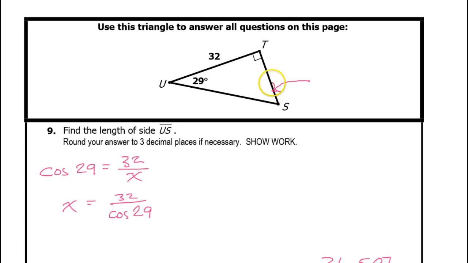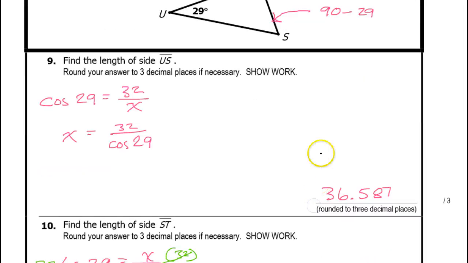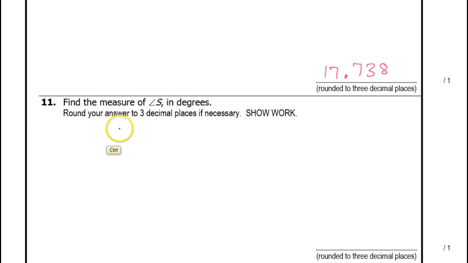So I can find this angle by doing 90 minus the angle that I already have. So 90 minus 29. So that is 61. Not a lot of work to show.